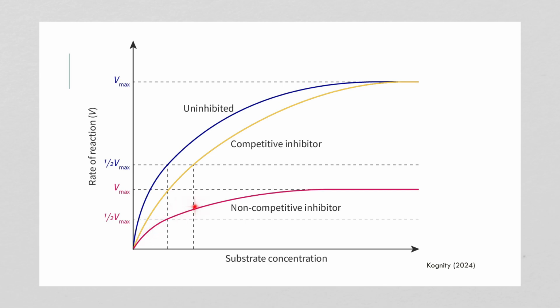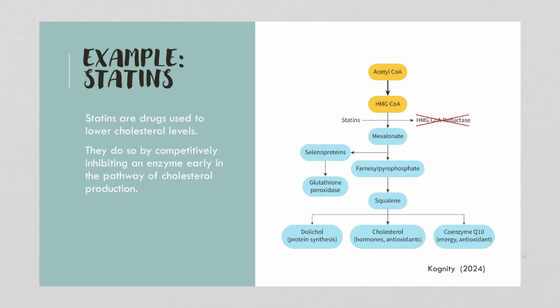The non-competitive inhibitor never can reach it, because wherever the inhibitor bonded, it changed the shape of the enzyme, so the substrate can never bind. So you end up with only some of the enzymes able to bind, and it will never reach that maximum rate of reaction.